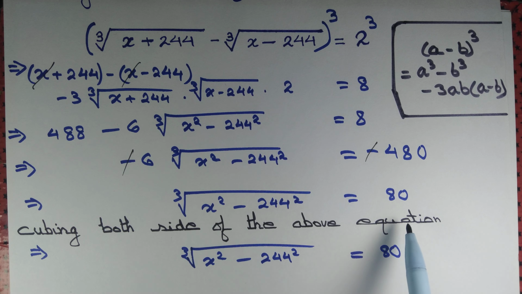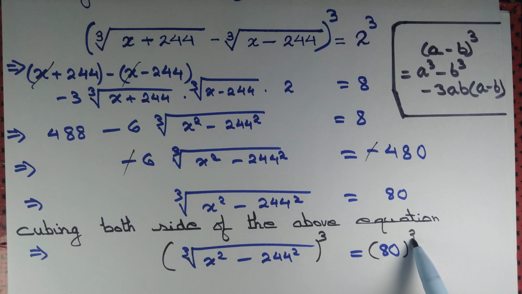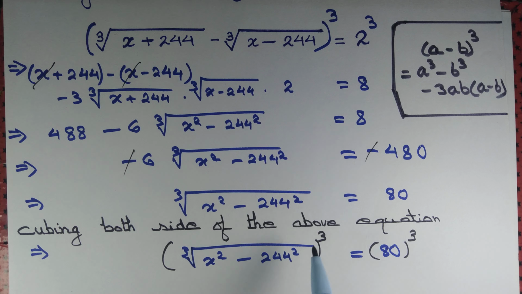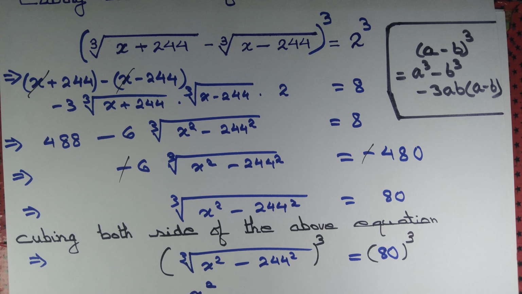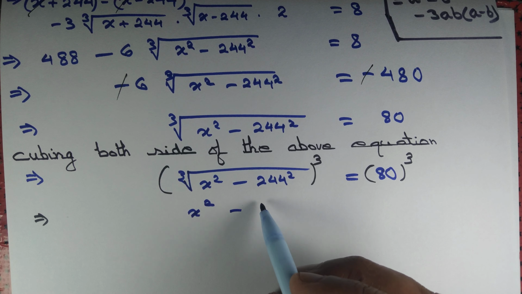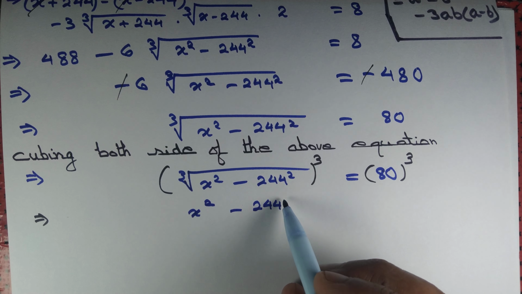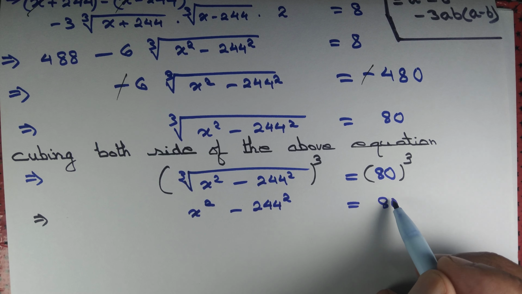Cube and cube root will get cancelled, so we'll be left with x square minus 244 square equal to 80 cube.